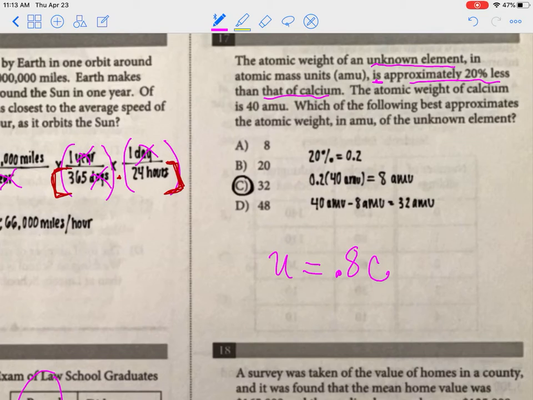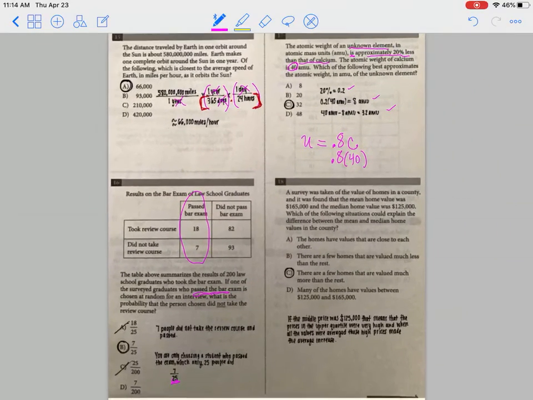Obviously, knowing which value is 20% could work for you here and get your answer. But if you don't really want to have to worry too much and just take the statement and make it into an equation, to be 20% less means you are 80%. And since it said the calcium is 40, you are just taking 80% of 40. So that's a little quicker there, something I want you all to appreciate.